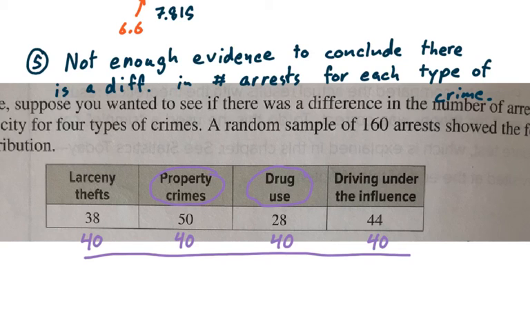Statistically speaking, there's not enough evidence to say that they're outside of this expectation, or in other words, it's a pretty good fit for this frequency distribution where they're all uniform, they're all the same.